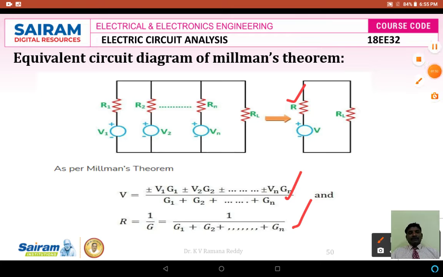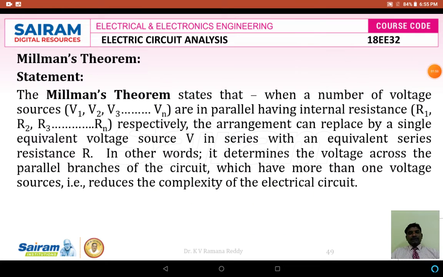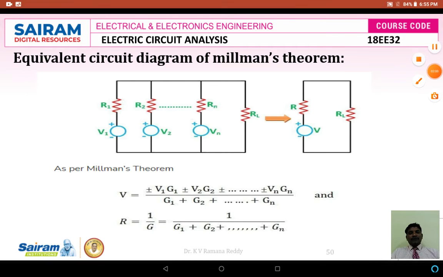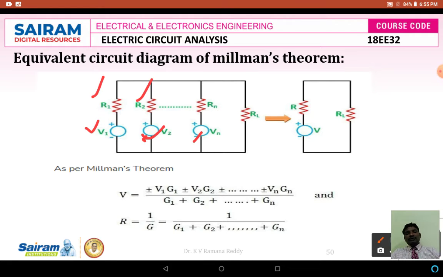So Millman's theorem is nothing but one simple technique which is used to reduce the complexity of the circuit when a circuit consists of a number of voltage sources like V1, V2, V3 connected in parallel, and these are again connected in series with internal resistances like R1, R2, R3 and so on up to Rn.